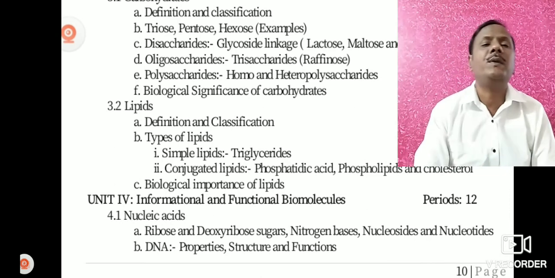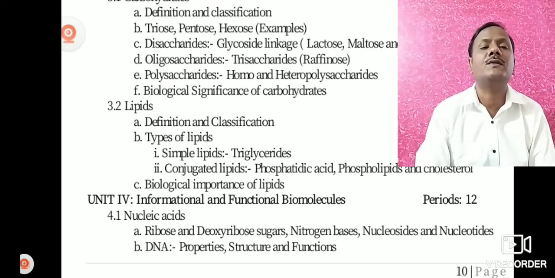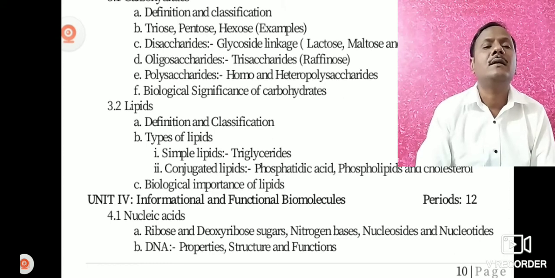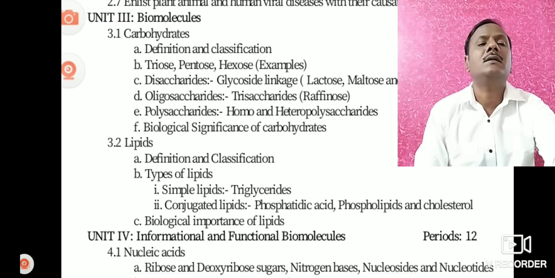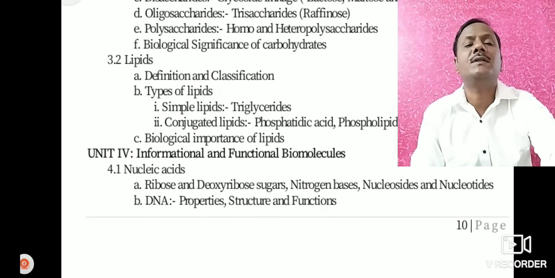Apart from that, lipids. We'll see the definition and classification, the types of lipids, that is simple lipids, triglycerides, conjugated lipids, that is phosphatidic acids and phospholipids, and cholesterol. Then the biological importance of lipids.